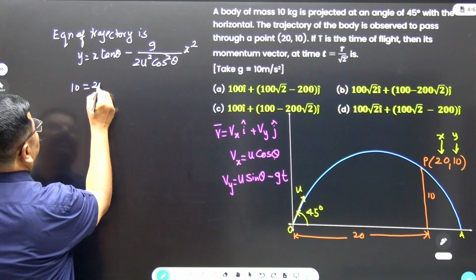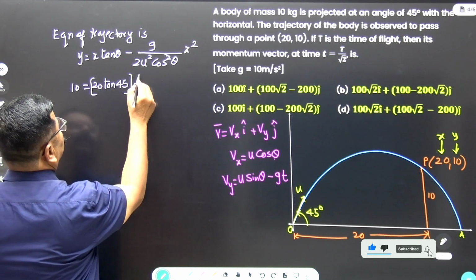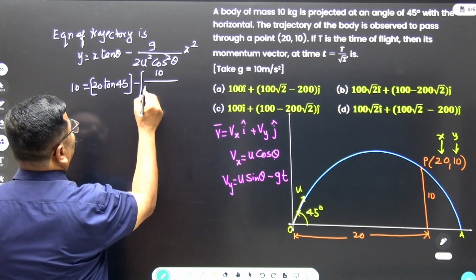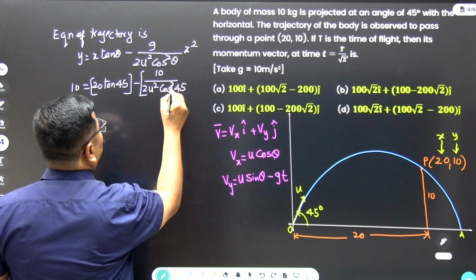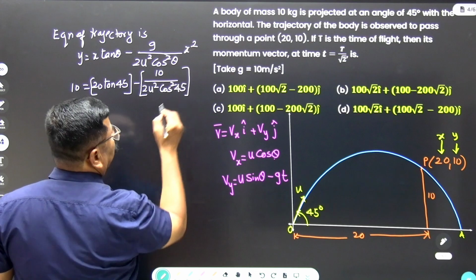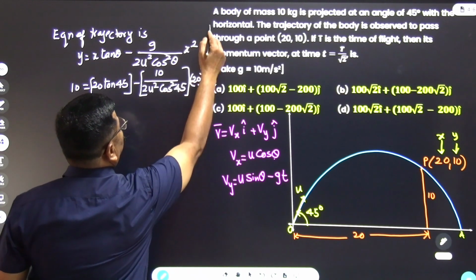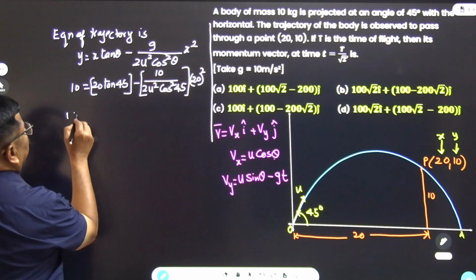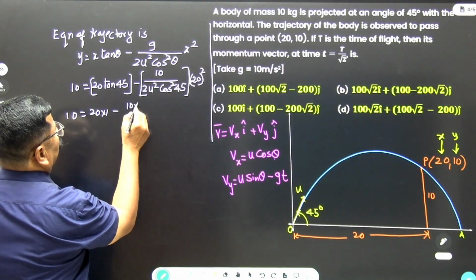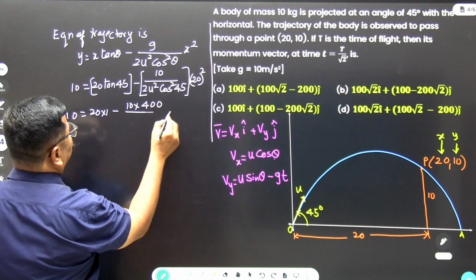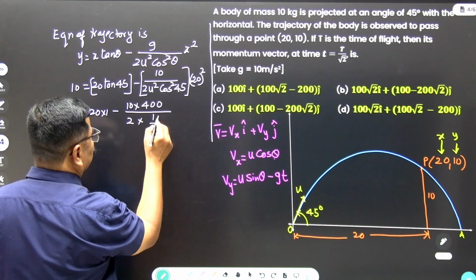10 is equal to 20 tan 45 degrees minus g is 10 upon 2u square cos square 45 into the value of x is 20, so 20 square. Hence 10 is equal to 20 into 1 minus 10 into 400 divided by 2 into cos 45 is 1 by root 2, and cos square 45 is just 1 by 2.